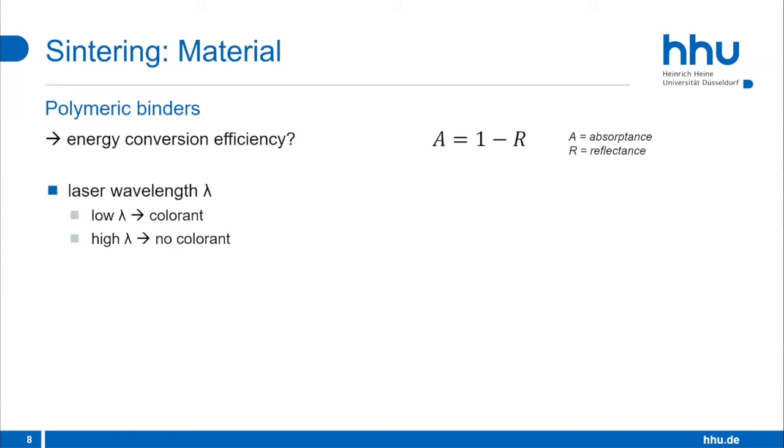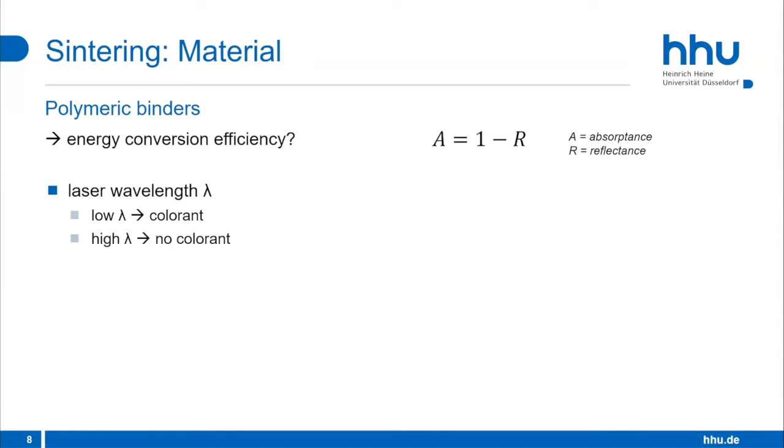But let's go back to the laser wavelength lambda. If you have a low laser wavelength in the visible spectrum, and you want to use a thermoplastic polymer, they usually don't really absorb any energy in this light spectrum, which is also why, if you look at publications using a diode laser with a Vis wavelength, some colorant is added. Usually you have 1 to 5% of a colorant added, so comparably low relative volume and amount.